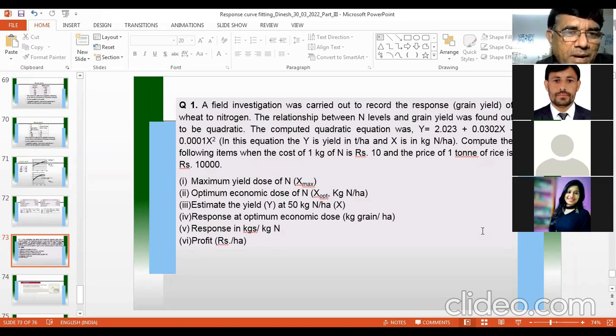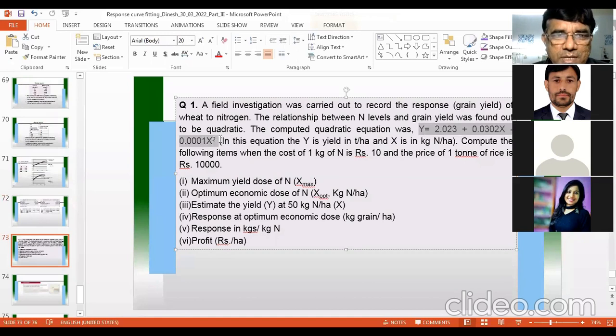You all should remember that whatever units have been used in the equation, the same units will be used in price and cost. For example, in this case, this is the equation. Can you see? I just selected the equation y is equal to 2.023 plus 0.0302x, and so on.